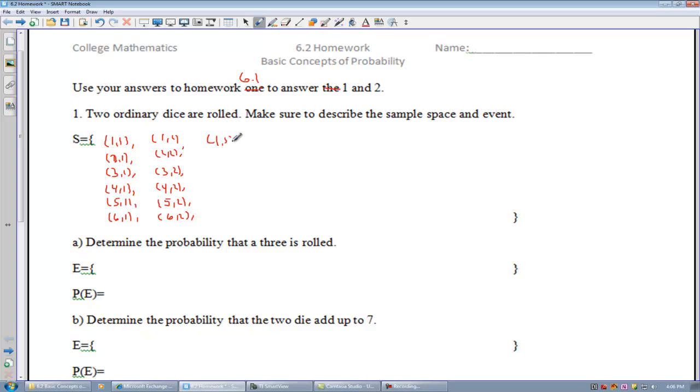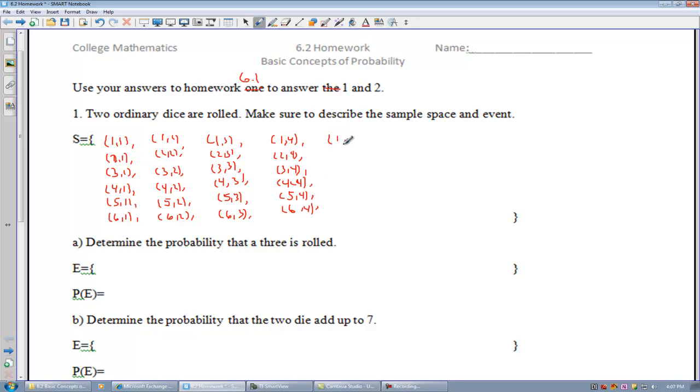So (1, 3), (2, 3), (3, 3), (4, 3), (5, 3), (6, 3), and commas after each of these. (1, 4), (2, 4), (3, 4), (4, 4), (5, 4), and then finally (6, 4), and then comma again after each of these.